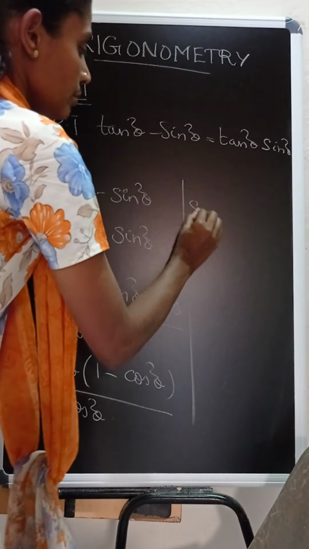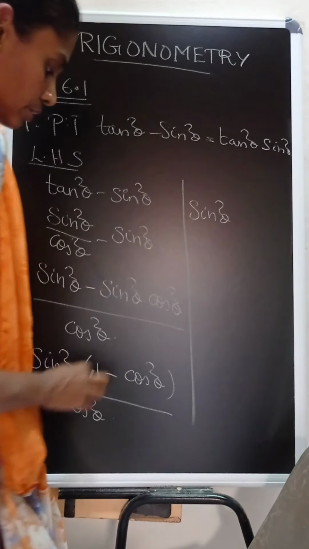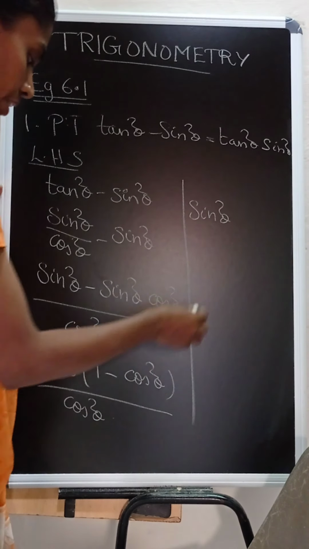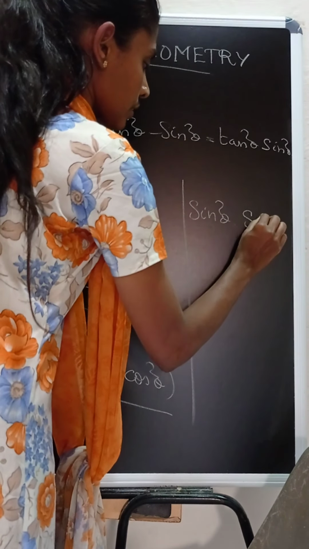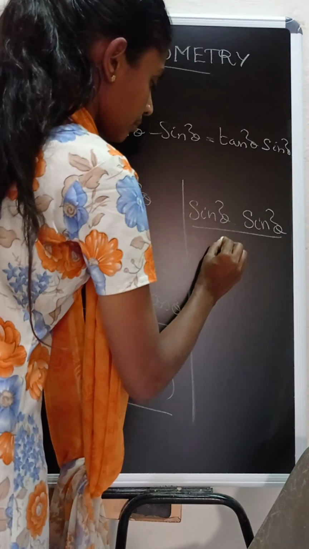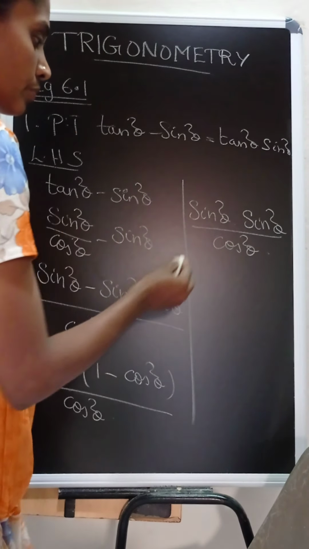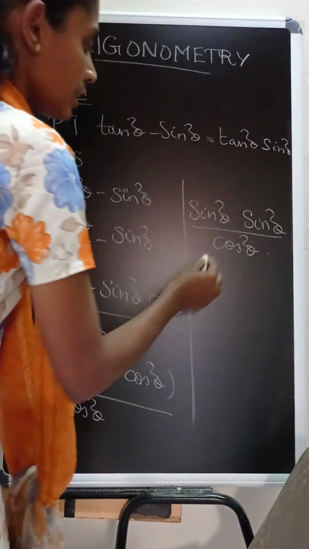So sin square theta, 1 minus cos square theta is again sin square theta by cos square theta. So sin square theta divided by cos square theta into sin square theta. So sin square theta divided by cos square theta is tan square theta into sin square theta, which is equal to RHS. Hence proved. Now you have started with LHS and you have arrived at RHS.